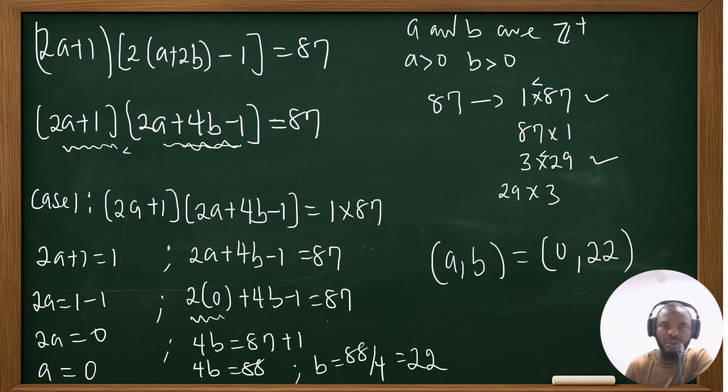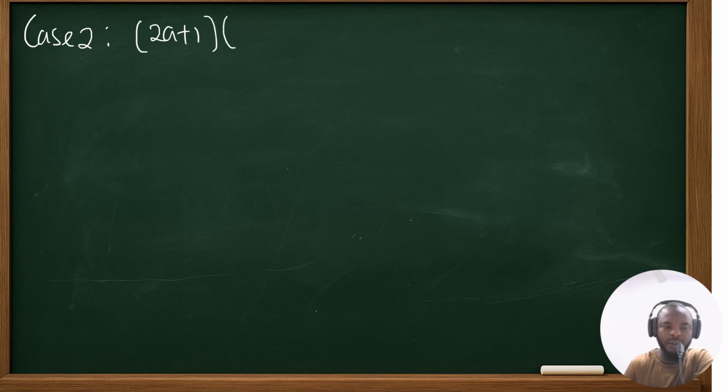Now, let's consider case number 2. We're going to rewrite the same equation, 2a plus 1, 2a plus 4b minus 1 equals 87. In that case, we have 3 times 29.